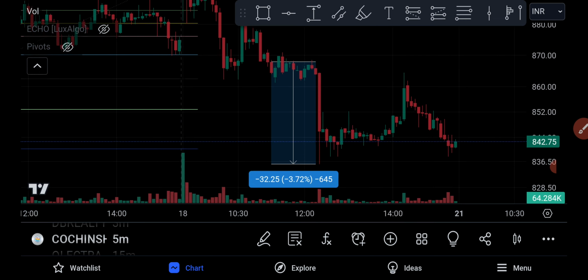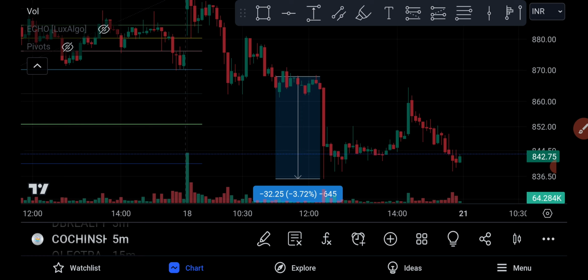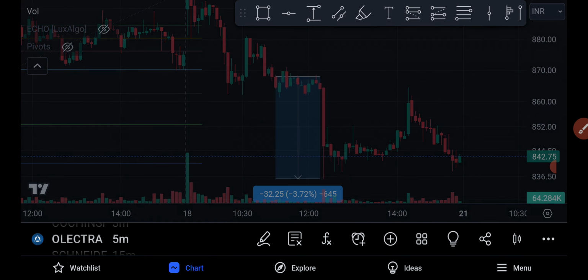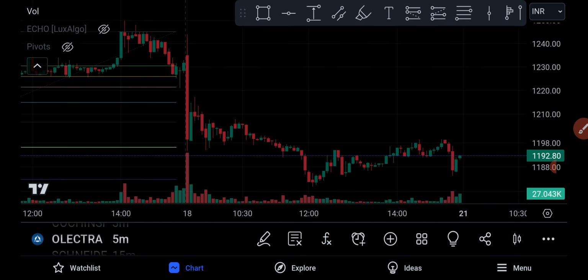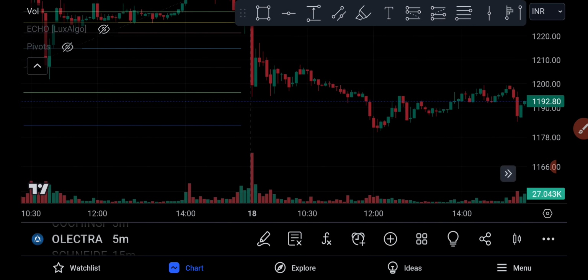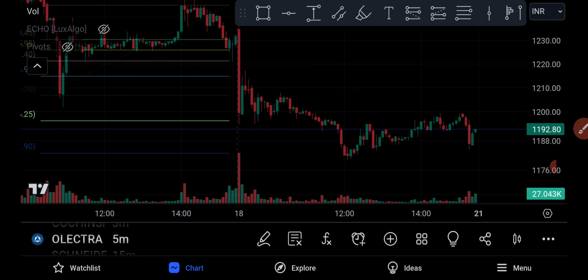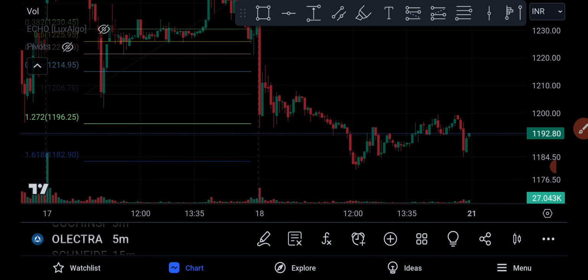So it is not really that easy to do the work in stocks. It is not really that easy. And the uncertainty will just blow the trade away in some cases.